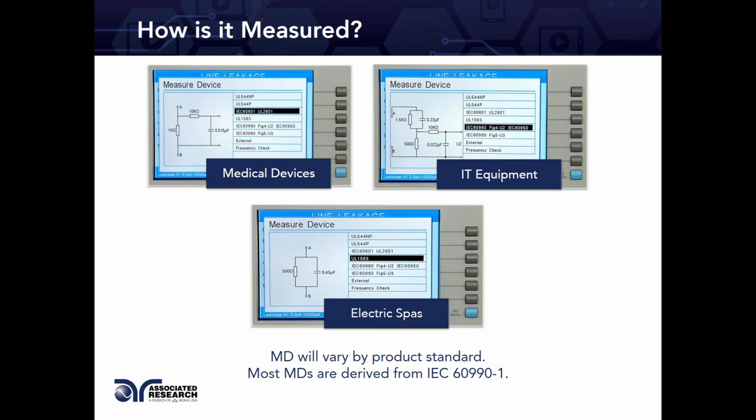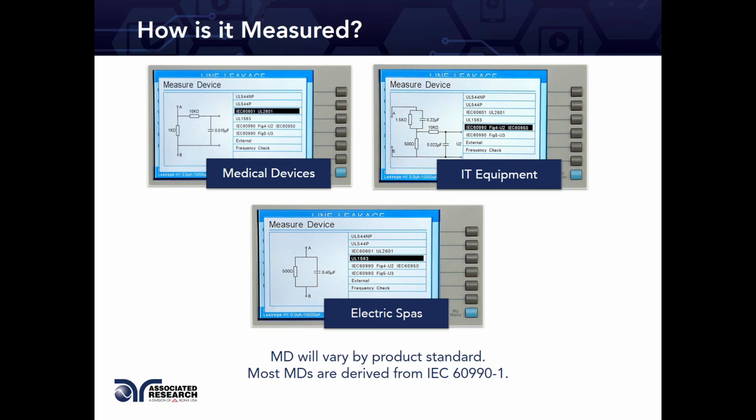On the right side, we're looking at the IT equipment measuring device circuit. This circuit looks a little more complicated compared to the measuring device circuit of the medical standard. This one has a lot more resistors and capacitors, and once again, the design of the measuring device circuit is specified by the standard.